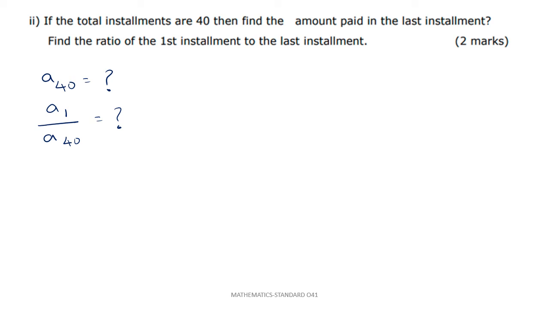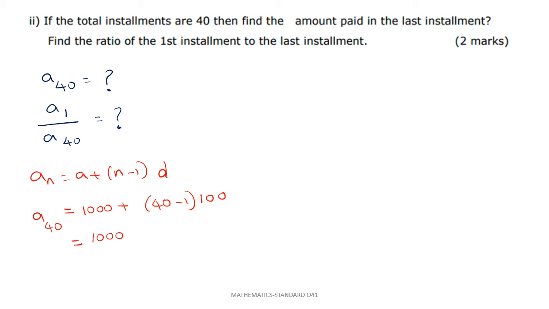So you know the formula of An is a plus n minus 1 times d, and we know a is 1000, plus n is 40 and d is 100. So which will give you the answer 1000 plus 39 into 100, 4900. So this is the answer for the first part.